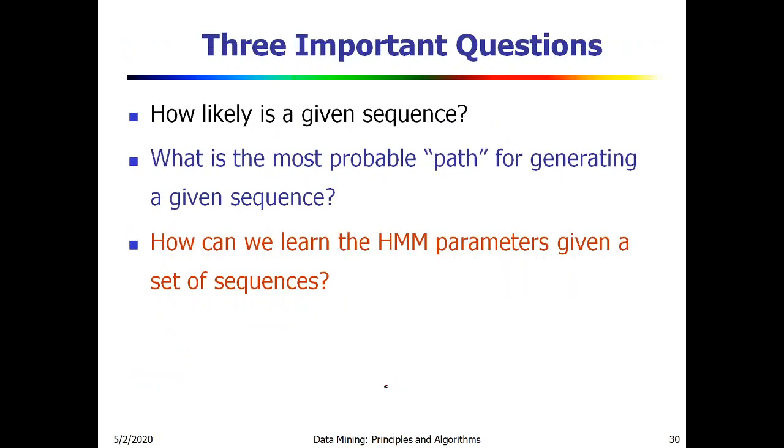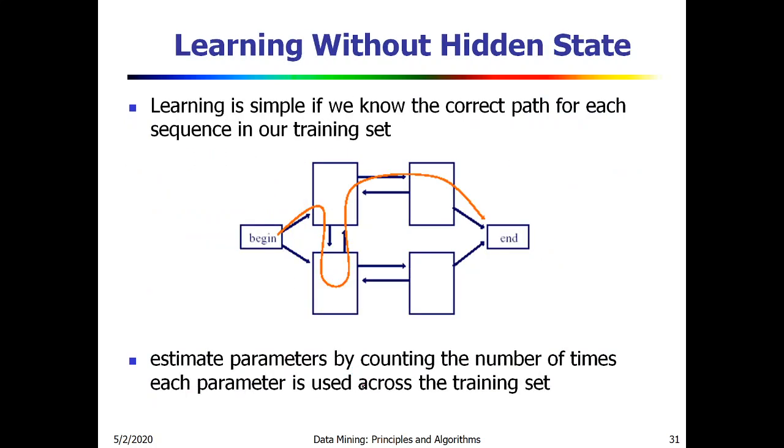Then coming to the last model, that is the algorithm used to find out the transition and emission probabilities. So how can we learn the HMM parameters given a set of sequences? So learning without the hidden states. So learning simply, we can find out the correct path for the sequence in the training set.